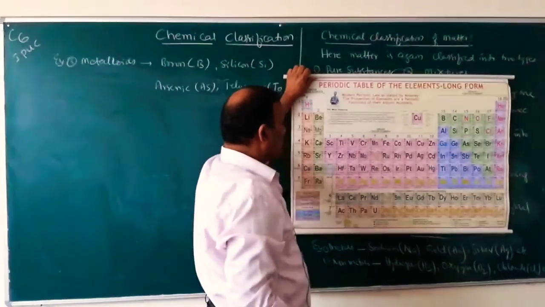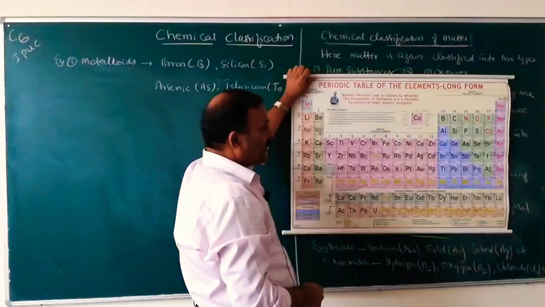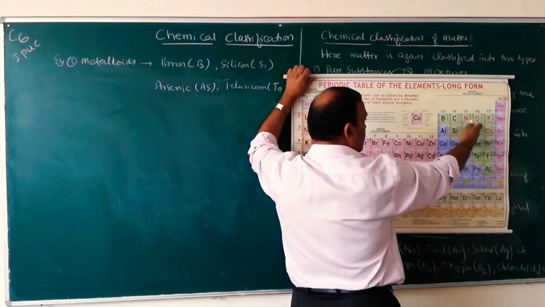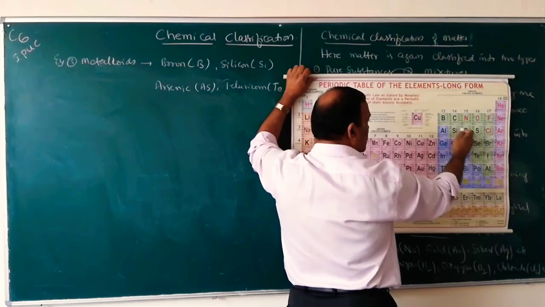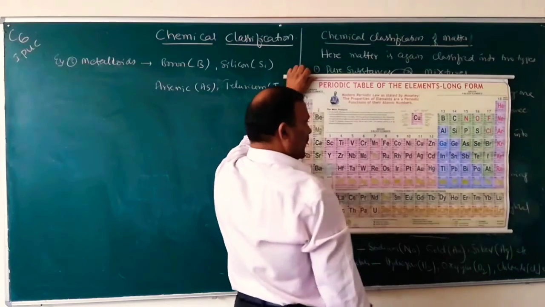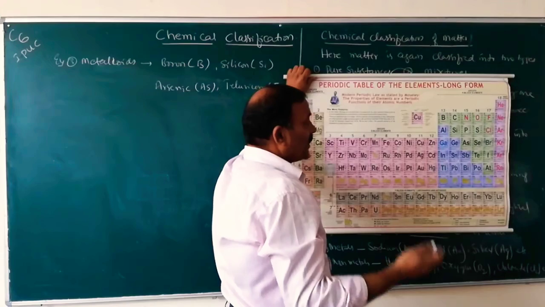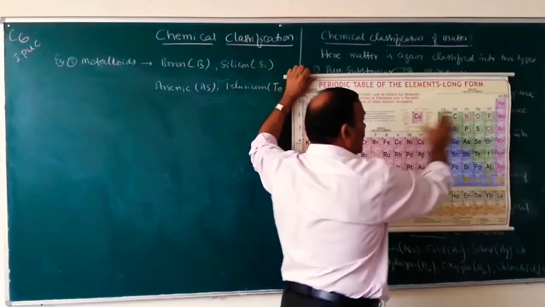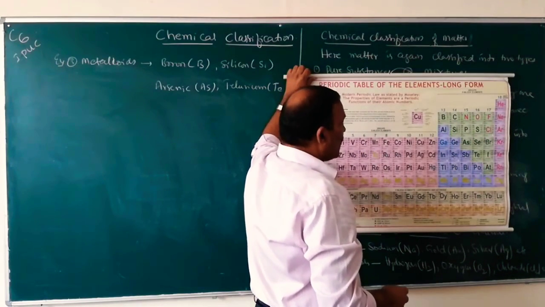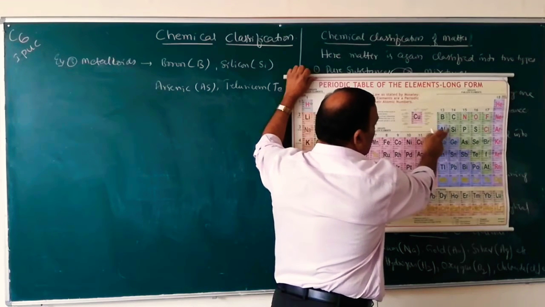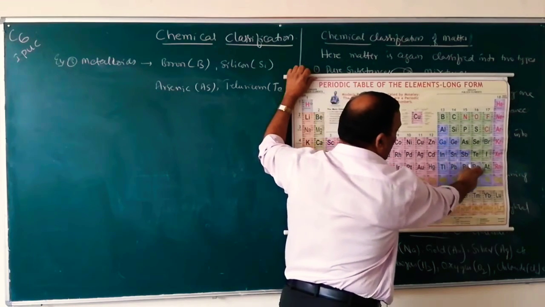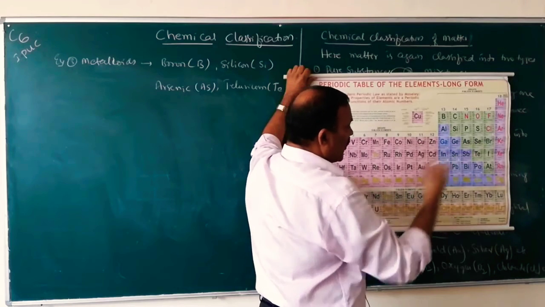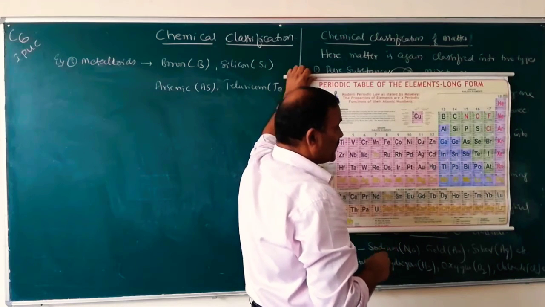All these are metals which are placed in the left side of the periodic table, and the elements placed on the right side, namely carbon, nitrogen, oxygen, fluorine, phosphorus, sulfur, chlorine, bromine, etc., all are non-metals including noble gases. So in between metals and non-metals there are some elements, namely boron, silicon, arsenic, tellurium, astatine, etc. These elements have the properties of both metals as well as non-metals and they are called metalloids.